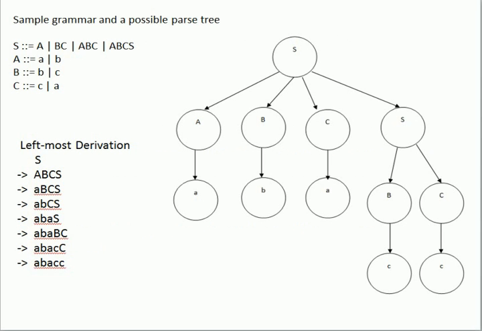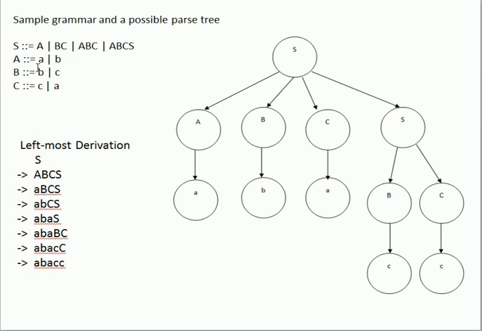So here's an example of a parse tree defined by the grammar. We start off with the symbol S, which is our start symbol, and then we define that to be the productions A, B, C, and S. Since it's leftmost, we start on the left side.